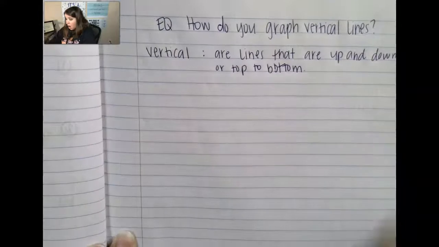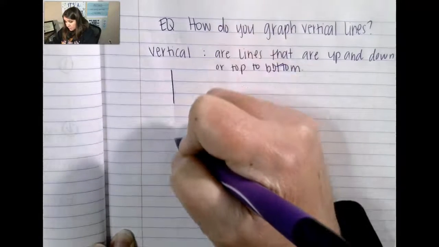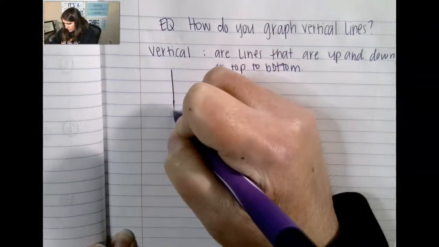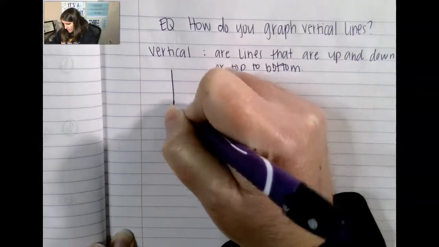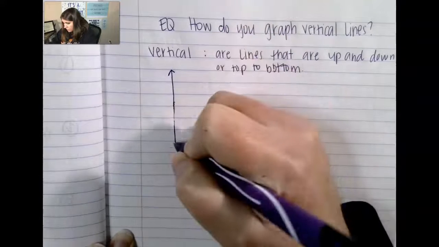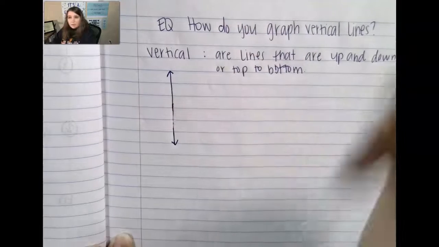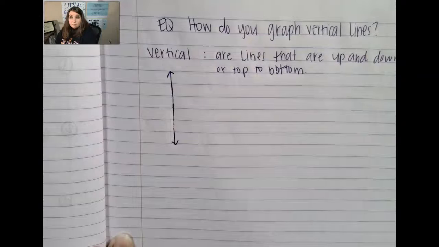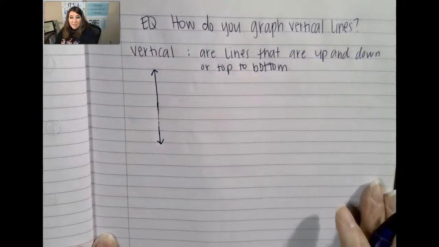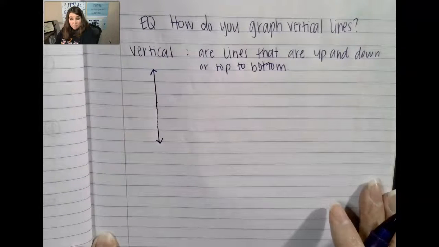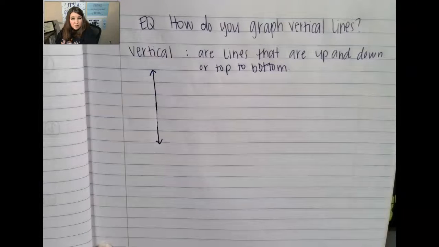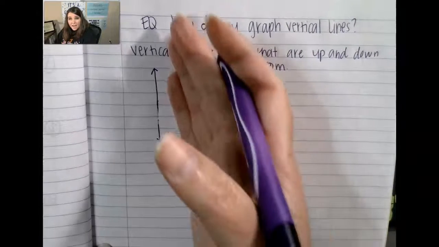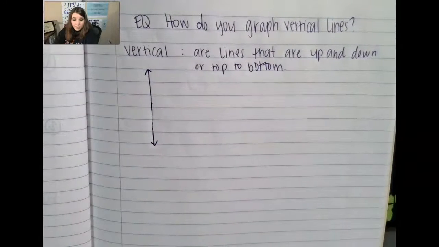Again, they are straight lines that go up and down. The only slope that it has is straight up, straight down. When we're looking at vertical lines, they run like the y-axis runs up and down.